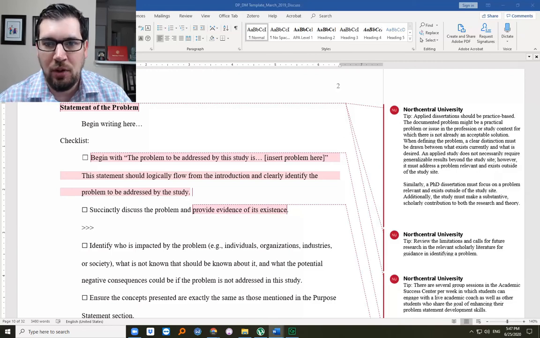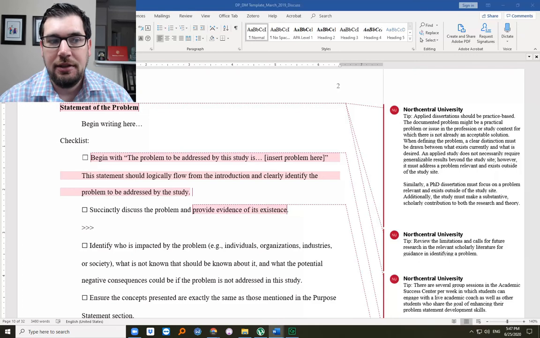Now this is sort of a process, identifying that which is wrong or missing. We typically want to avoid saying there's just not enough research on something. That works in many cases, and you'll have to ask your chair what to do in that situation. But generally, you can say it better than that.